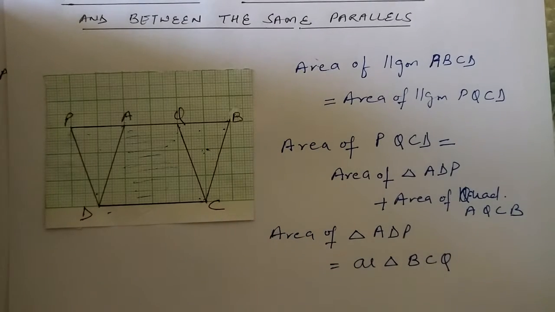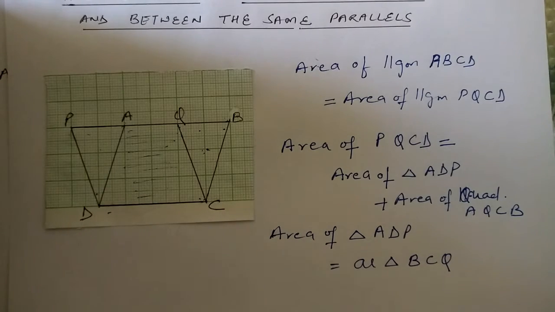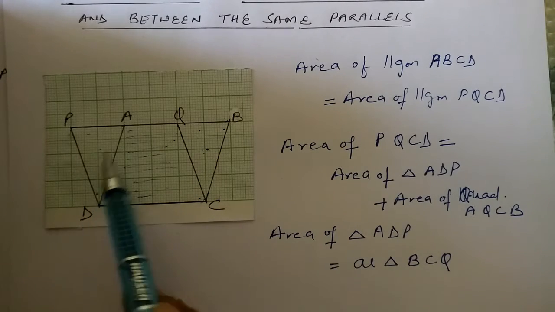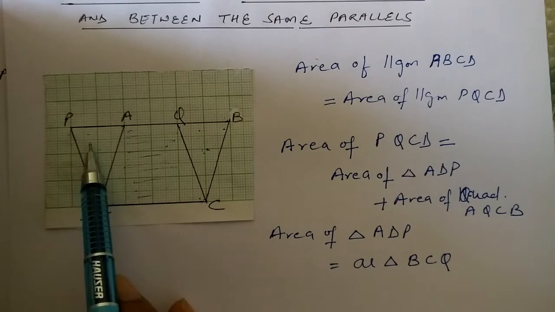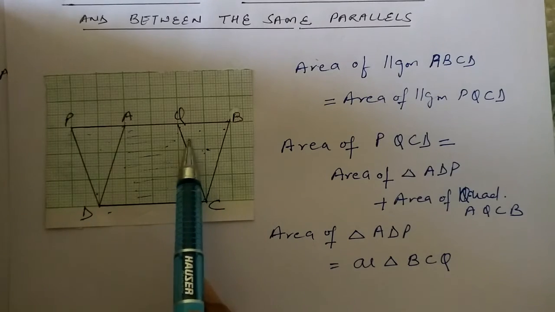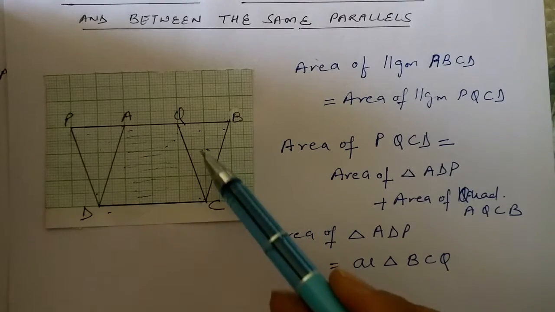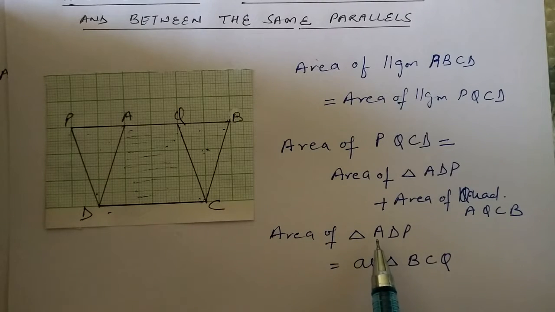In the previous video, I have told you how the congruency of triangles works. Two triangles which are congruent are equal in area as well. So here the number of squares are the same. If we count physically, they are exactly the same. So area of triangle ADP is equal to area of triangle BCQ.